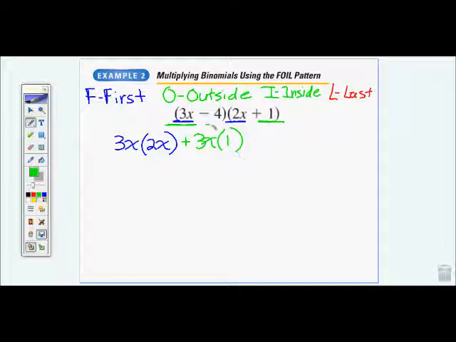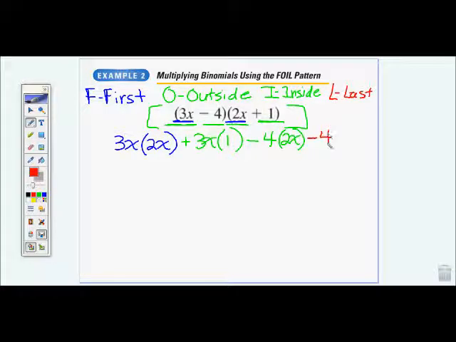So my inside terms are my negative 4 and my 2x. They're inside this entire multiplication sentence. So I would do minus 4 times 2x as my inside term. And then finally I get to my last term.